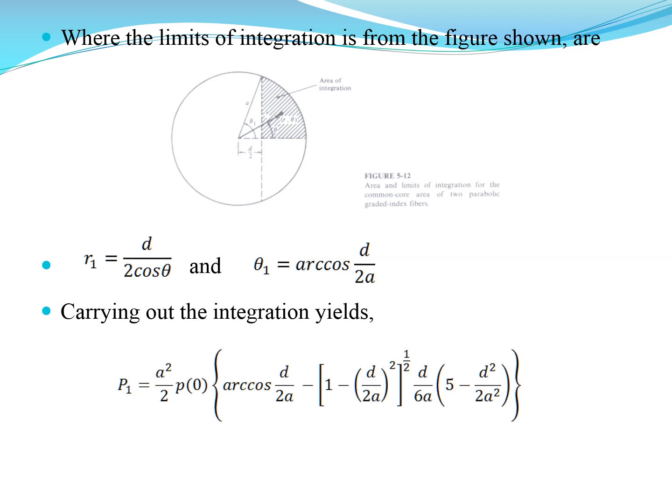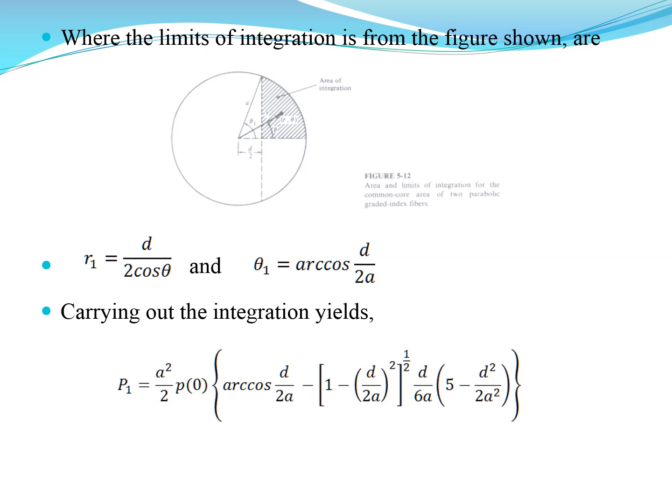So r1 is d by 2 cos theta, and theta 1 is cos inverse of d by 2a. We are just finding what cos theta is from this triangle which is formed.